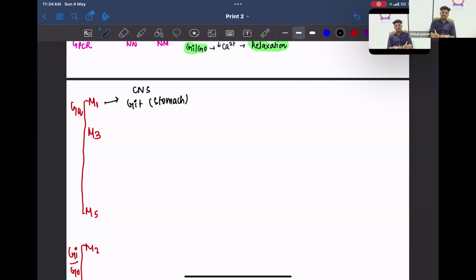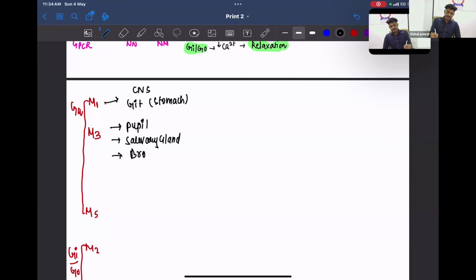What is the location of this M3? M3, you can think about your body from the pupil. It will be present in the pupil first, then after the pupil there will be the salivary gland, so it will be present in your salivary gland. Then it will be present in your bronchus.